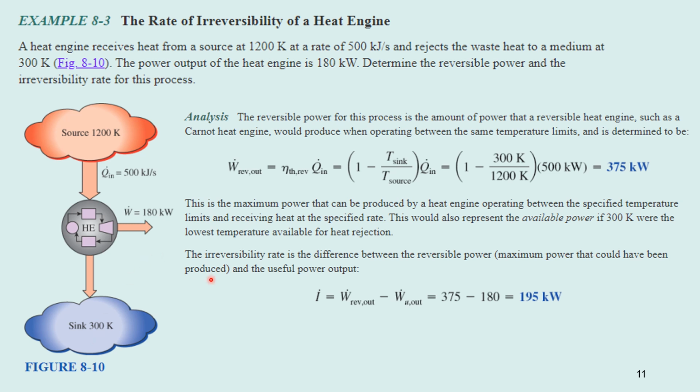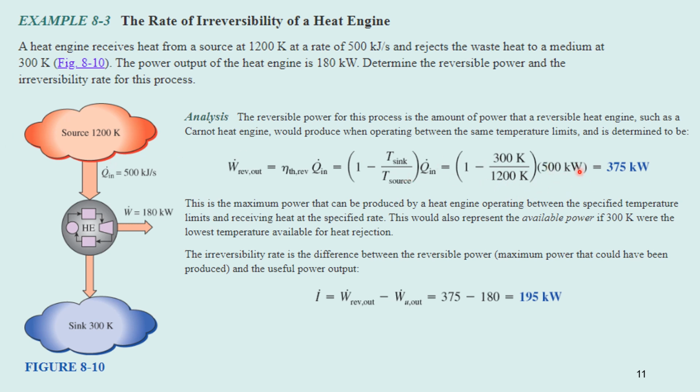So let's calculate the W dot reversible out in this case. We can use the formula we have. The efficiency is given by 1 minus T sink divided by T source, and Q dot in is given. So here it's 1 minus 300 Kelvin, remember, that's the sink, divided by 1200 Kelvin, that's the source.